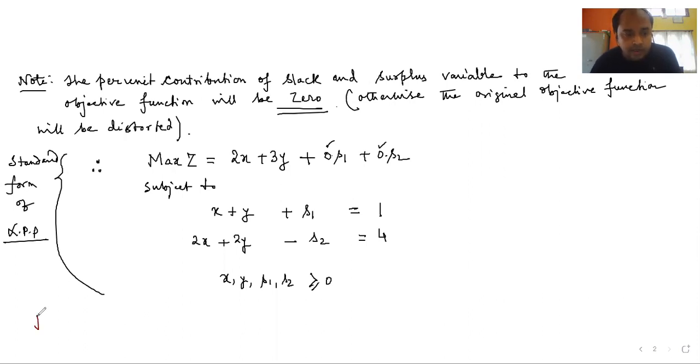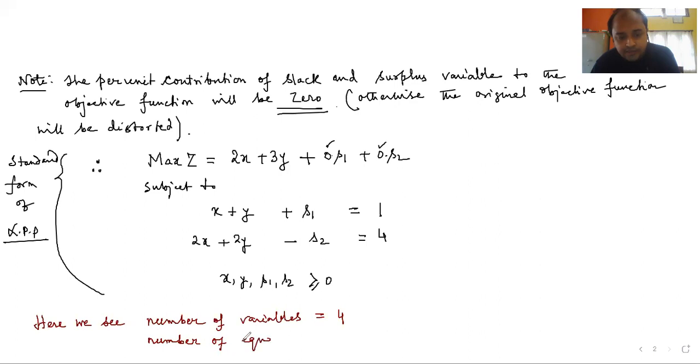Here the number of variables is equal to 4, because 1, 2, 3, 4 variables are present, and the number of equations is 2. So we have to apply a kind of methodology over here to solve the system.